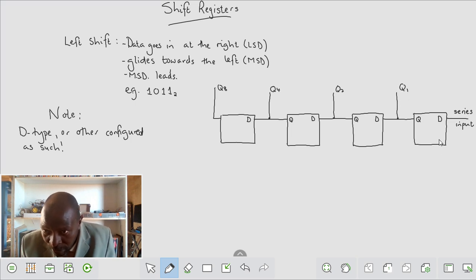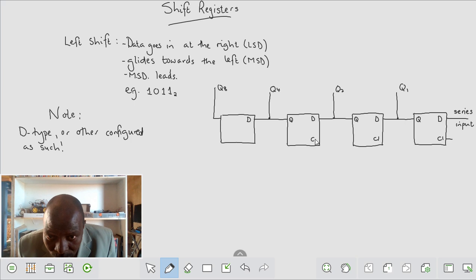Now remember, you have to be careful which type of clock we can use. We are just using a delay, or we can be using the other type. I'll come back to that now. Let's have a clock.